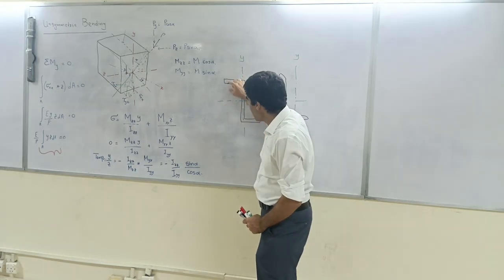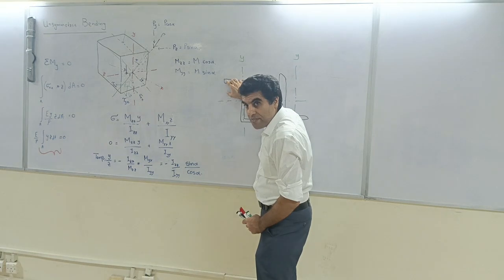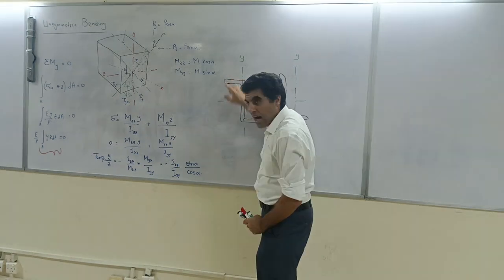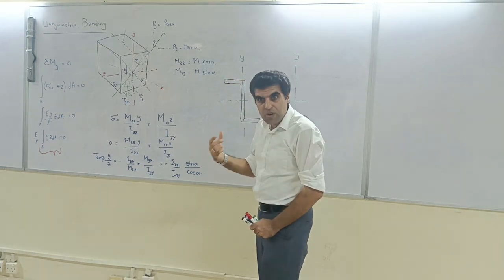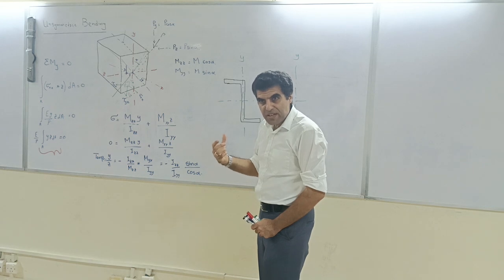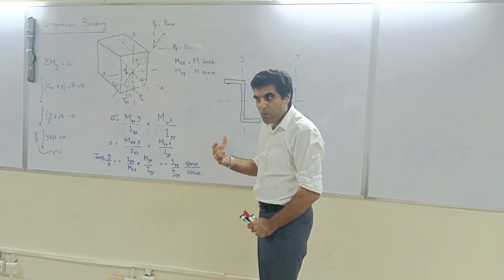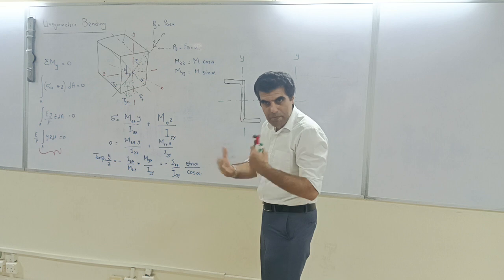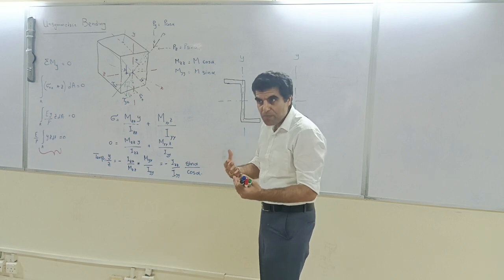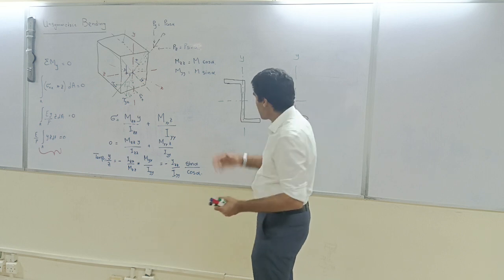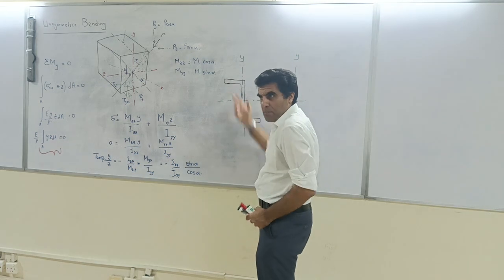Okay, z is negative and y is positive. Then I need an area which has y. How would I make that 0? I need an area which has got both of them positive.